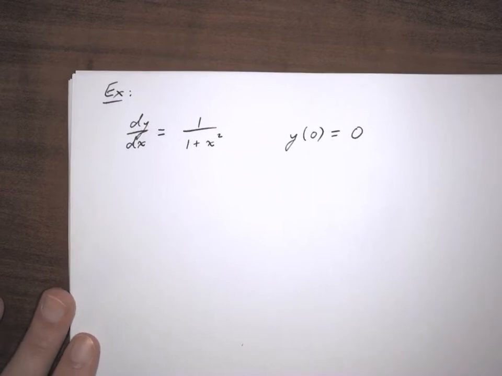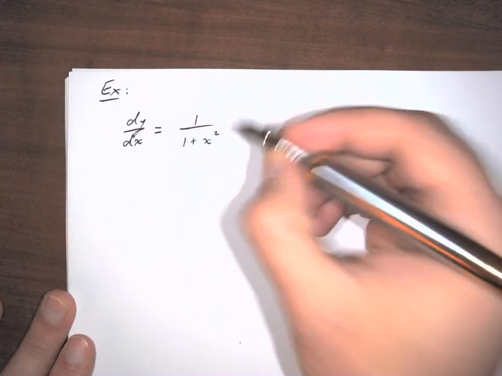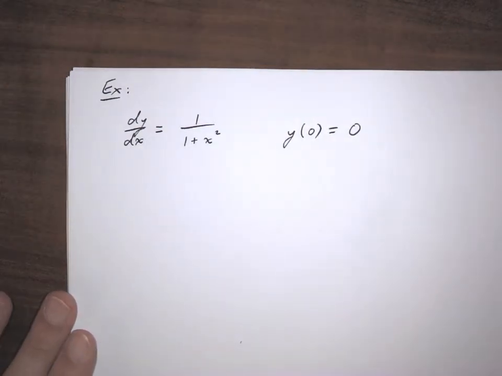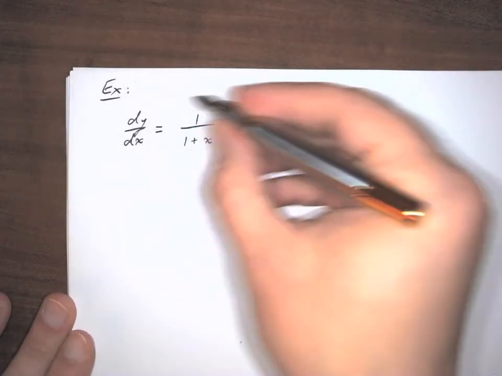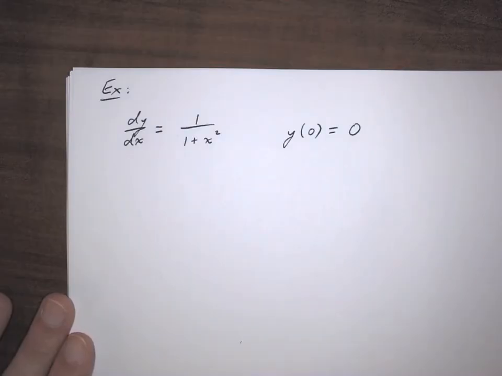Now, first off, let's make sure that we're even in the right vein of functions for this approach. We need to have a pure function of x over here, nothing involving a y.